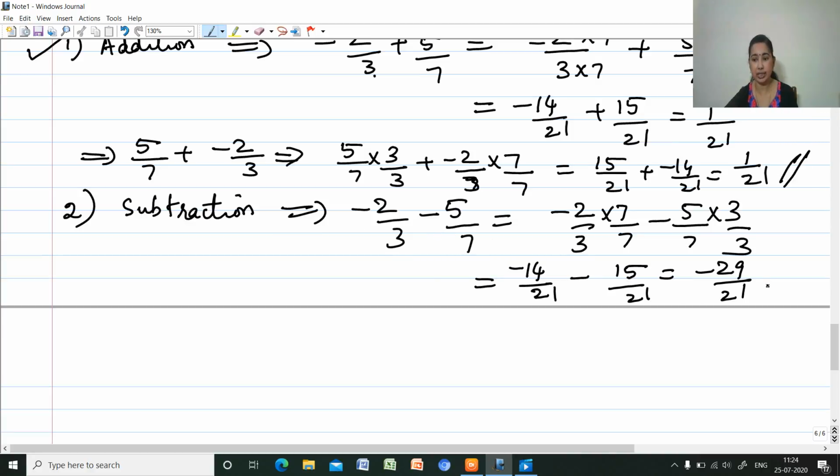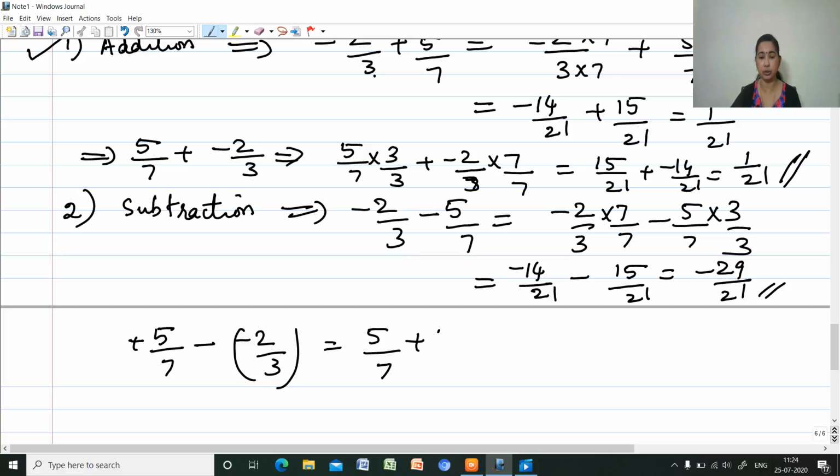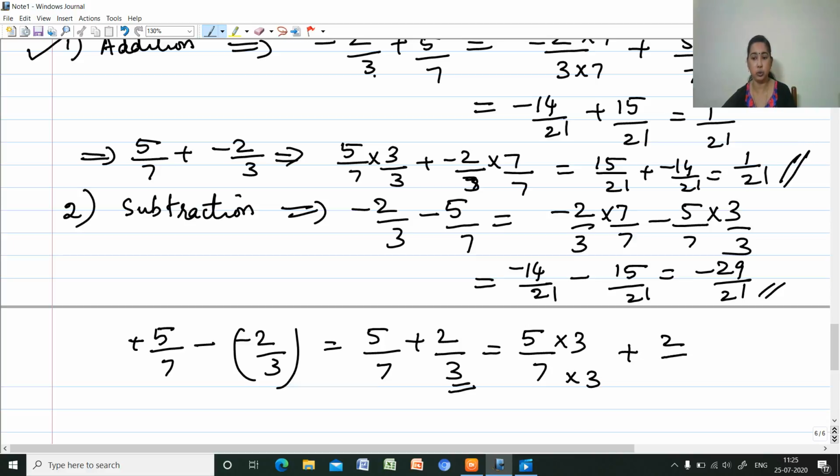In subtraction, one side we got minus 29 by 21. Then 5 by 7 minus minus 2 by 3. Again, the reverse order we are doing. So it becomes 5 by 7 plus 2 by 3. We make the denominators the same by multiplying each by the other one's denominator. So 5 by 7 means I will be multiplying with 3 on both sides, then plus 2 by 3 into 7 by 7.